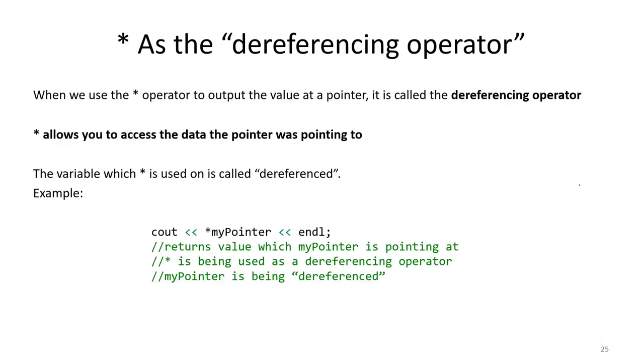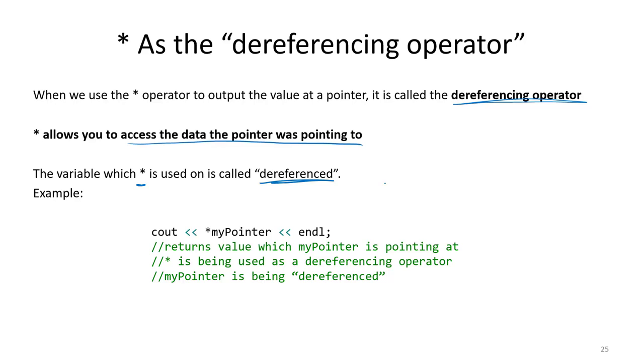So it turns out there's a special name for this. If we use the asterisk to output the value where a pointer points, that is called the dereferencing operator. So asterisk allows you to access the data that your pointer is pointing to. And whatever variable that we use the asterisk on is called being dereferenced.